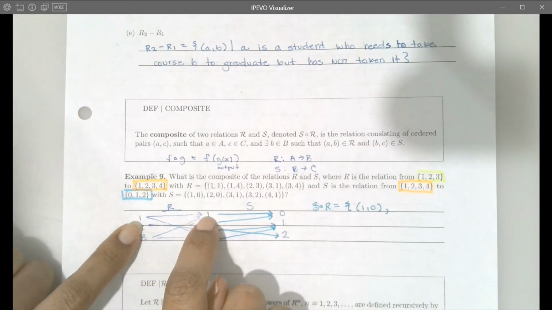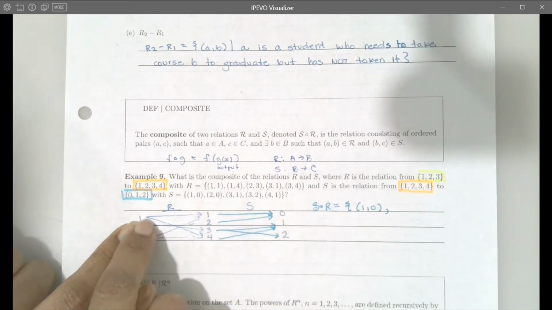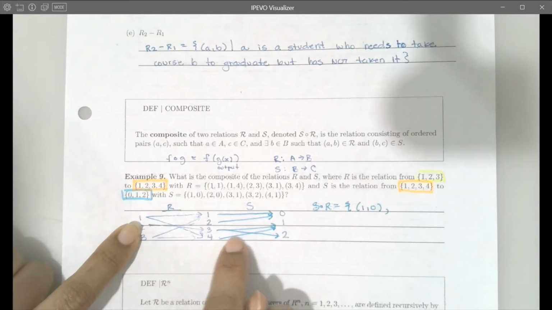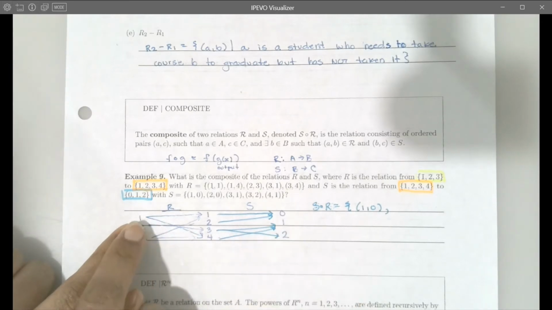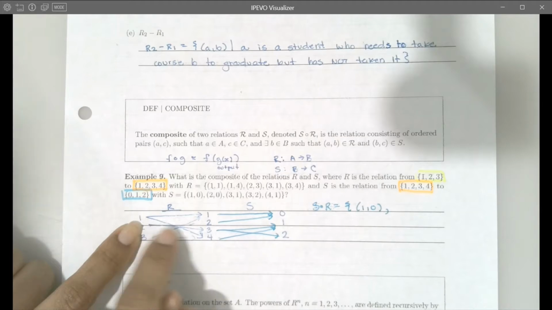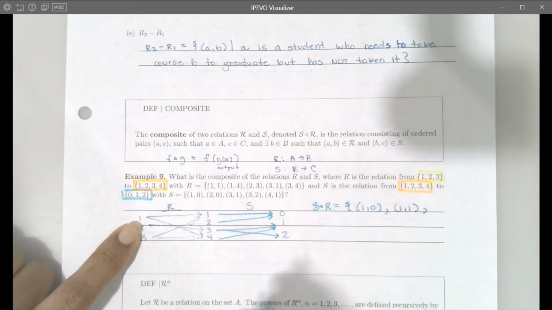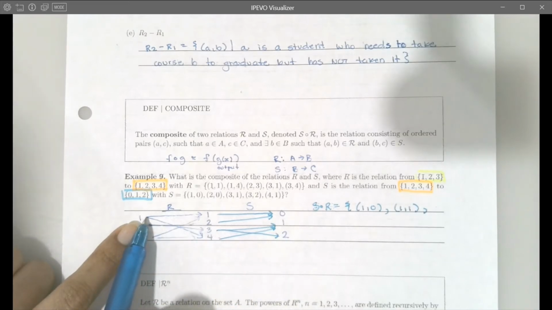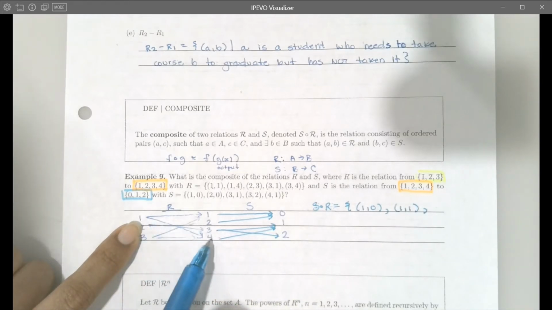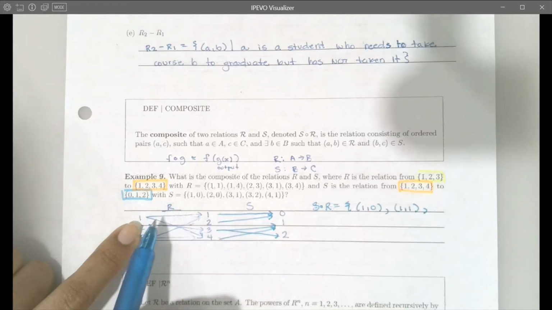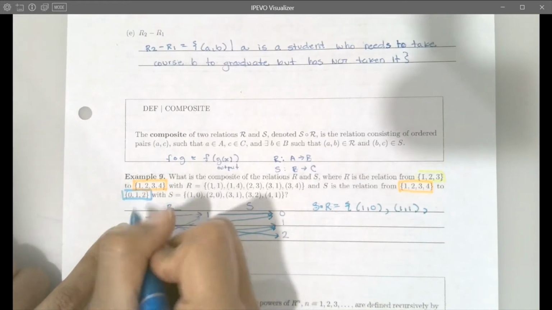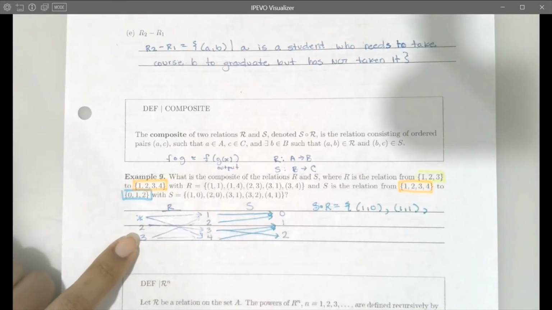Then since 1 here doesn't map to anything else, we can now take a look at 1 mapping to 4 and then 4 mapping to 1. So that means that we're going to have an output element of 1, 1. All right, now at that point, we've taken care of all possible outputs of 4, and that means that we're done considering input of 1 under relation R.